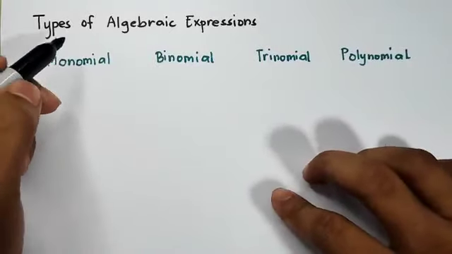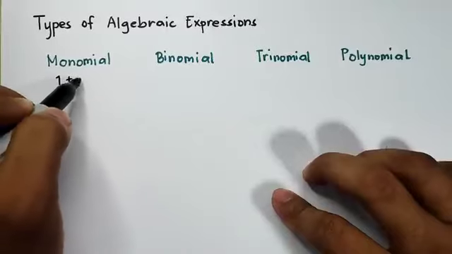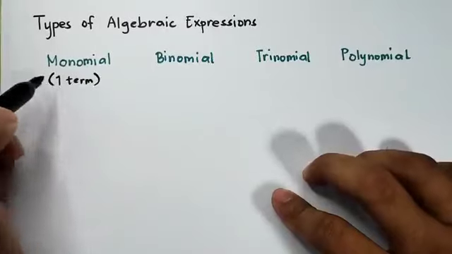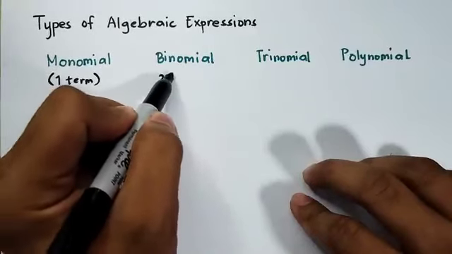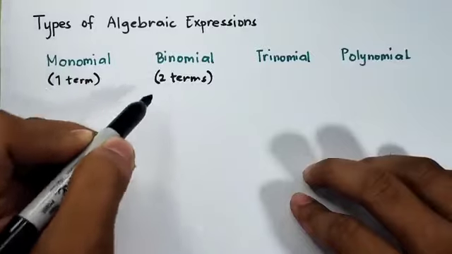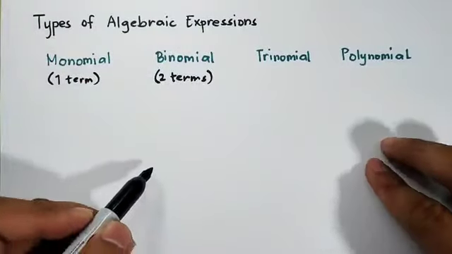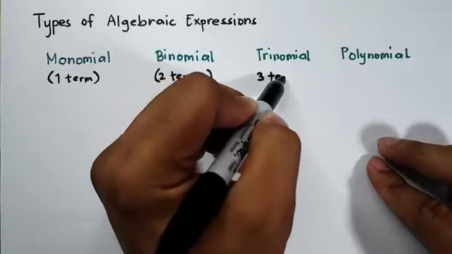Here, for the monomial, meron lang tayong one term. Kapag binomial naman ang pag-uusapan, we have two terms. Kapag trinomial, 3 terms.